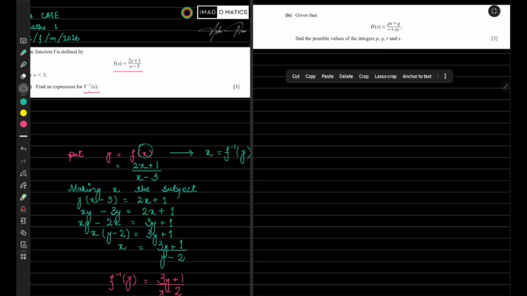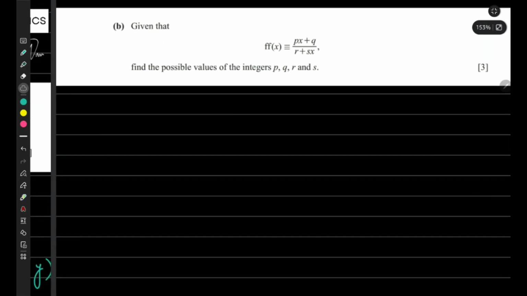Part B says, given that f of x is this or equivalent to this, find the possible values of integers p, q, r and s. It means when you find f of x, you will get some form like this, and then you have to tell what each letter represents in terms of numbers.